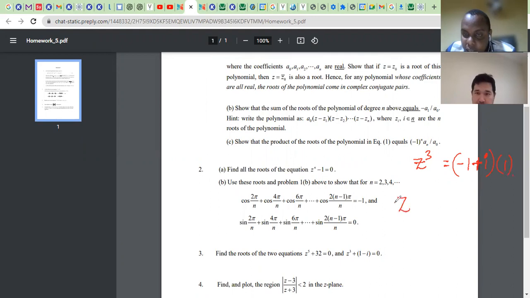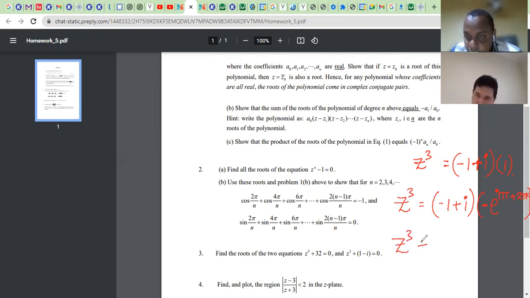So this is going to be z cubed equals 1 minus i times e^(i(pi plus 2 pi k)).